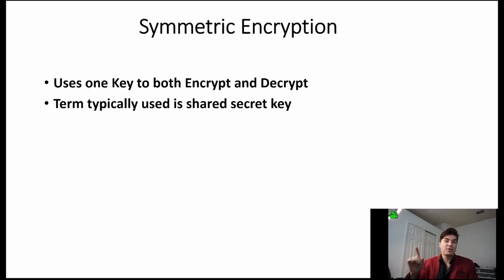Symmetric encryption is when you use 1 key for both the encryption and the decryption. It's a lot faster than asymmetric encryption. As far as the encrypt and decrypt, they're using the same exact encryption formula with the same exact variables going into that encryption. The term that is typically used is a shared secret key.